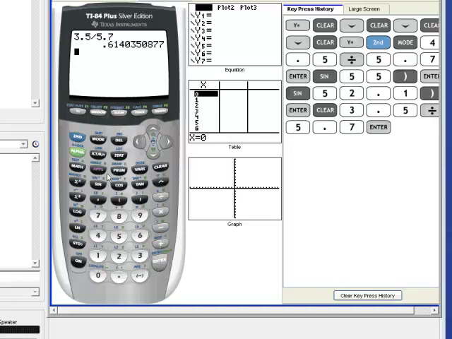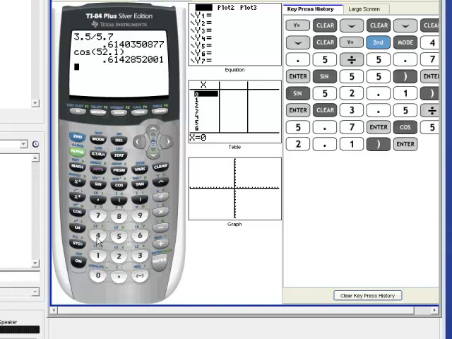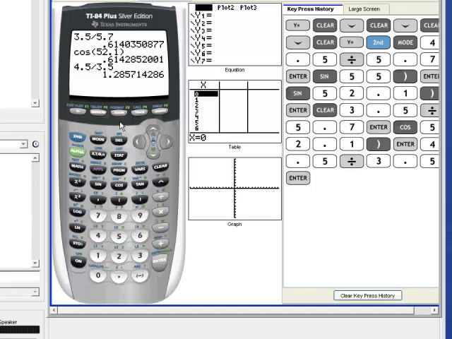Enter. 0.614, respectively cosine of the correct angle of 52.1 degrees, 0.614. The tangent would be the opposite over the adjacent, 4.5 divided by 3.5, enter, 1.28.